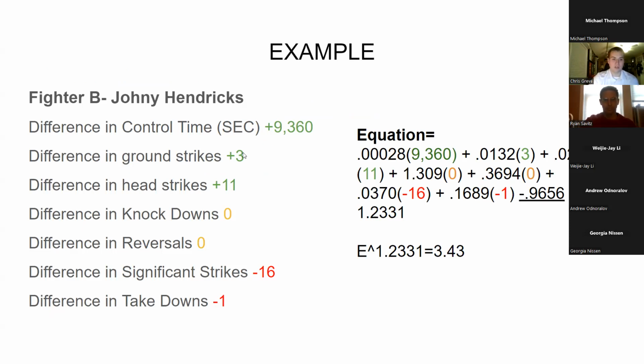He had more ground strikes. He also had more head strikes. They were exactly equal in knockdowns and reversals. And Georges St. Pierre had more significant strikes and more takedowns. And then we took all of that and put it into the equation from the parameter estimates from our output. And that was able to give us a result, which Ryan's going to explain in this part.